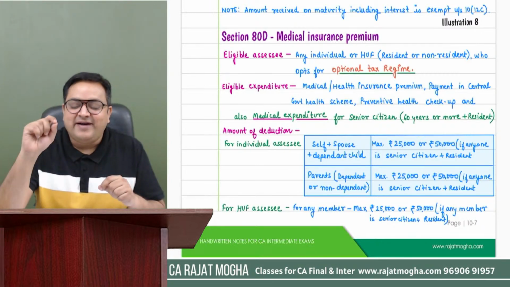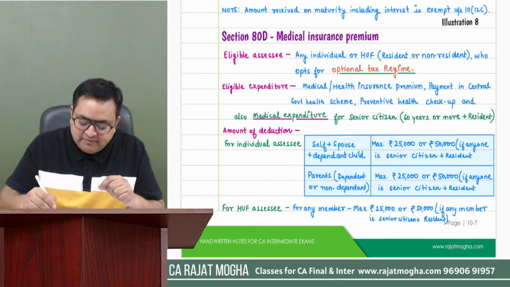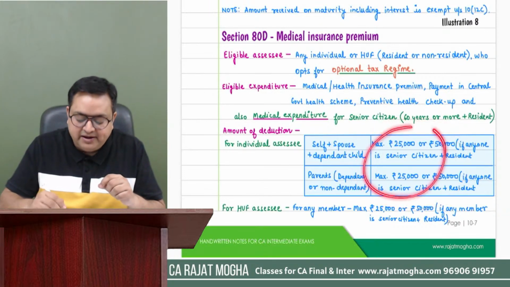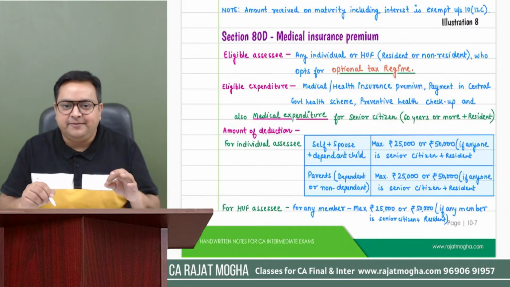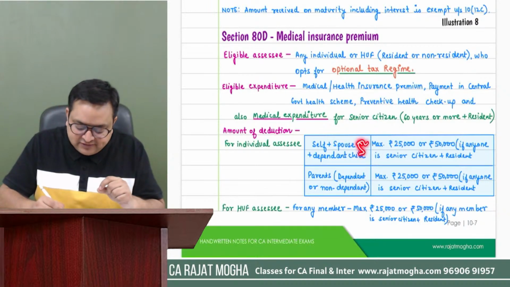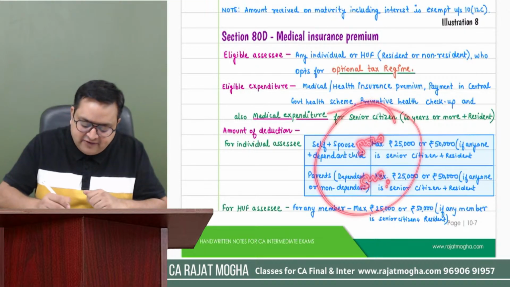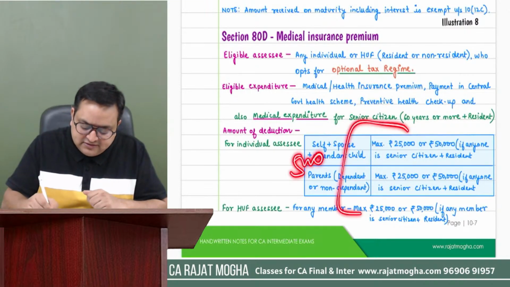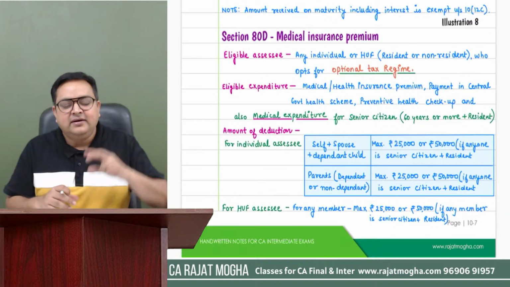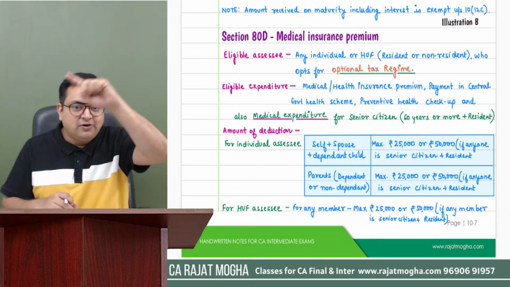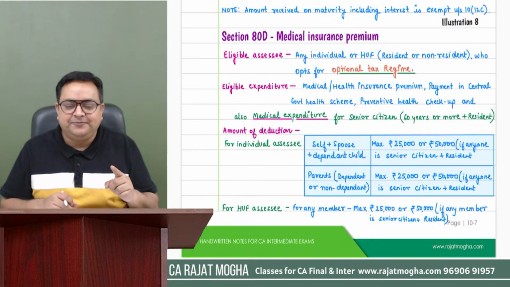But please remember that the 5,000 limit is not over and above this limit. It is within this limit. And whether it is 5,000 for self, spouse and children, or for dependent or non-dependent parents, 5,000 is the overall limit for everyone, within the overall limit.